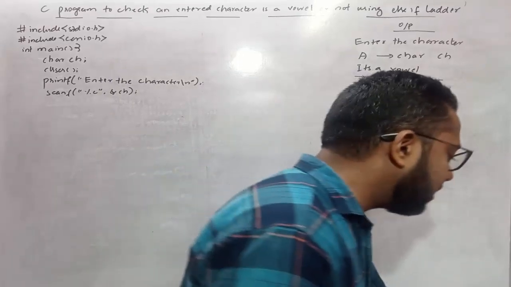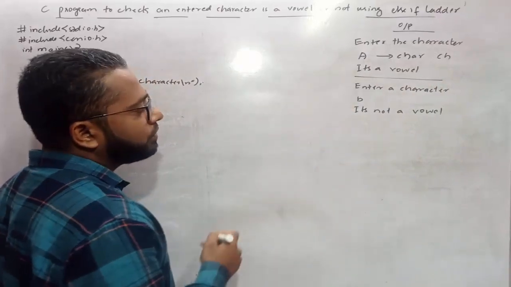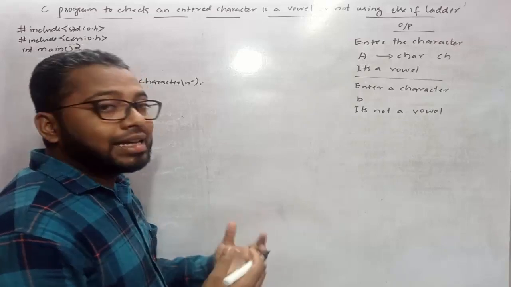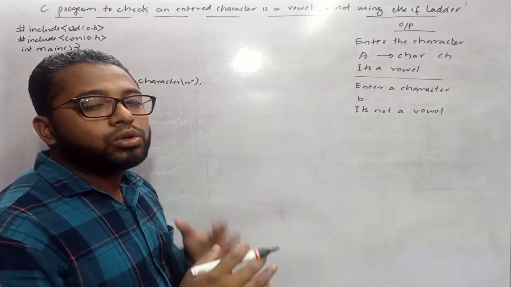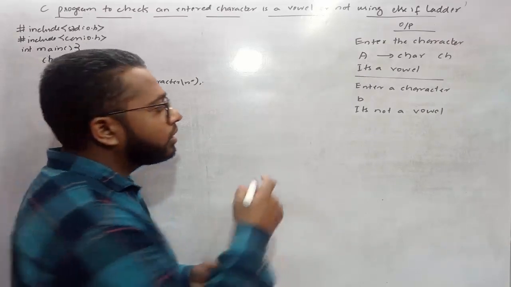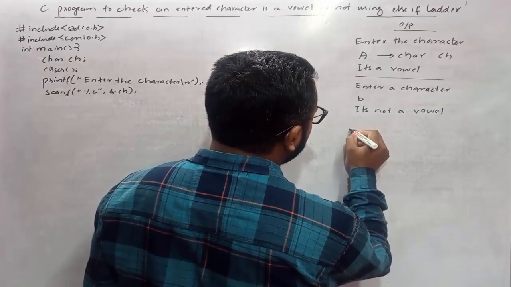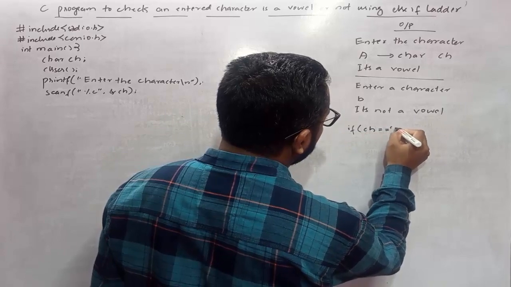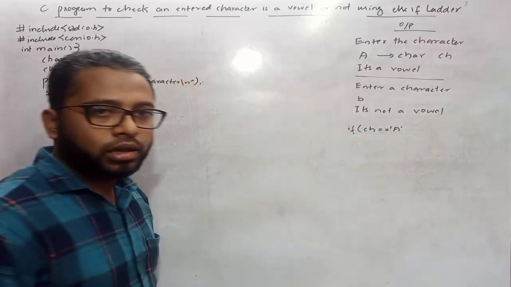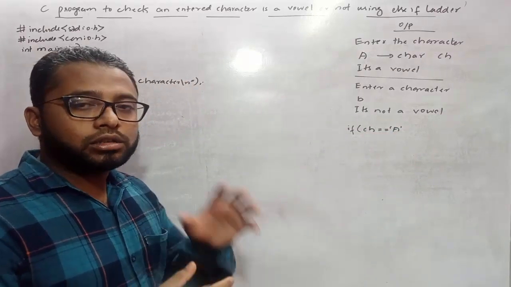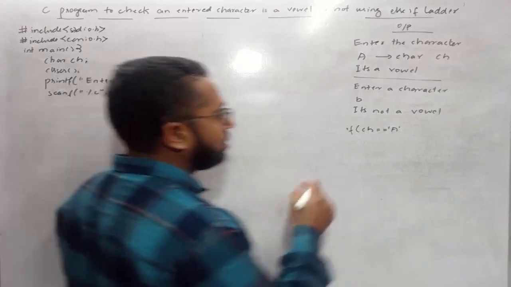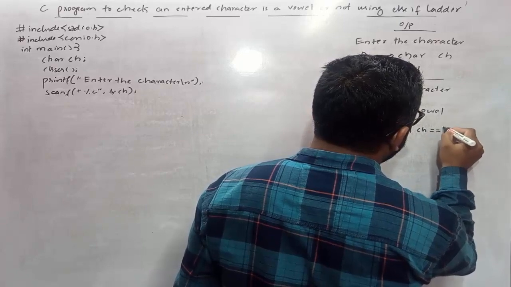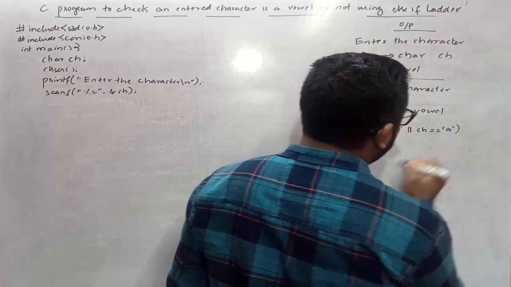So how the else if ladder works is, suppose the user enters any uppercase letter A, since A belongs to vowels, I will check it using if ch is equal to capital A, or the user may enter a lowercase letter also, or ch is equal to small a.